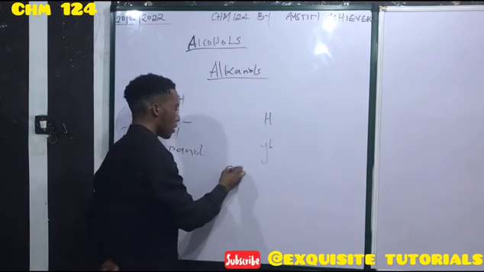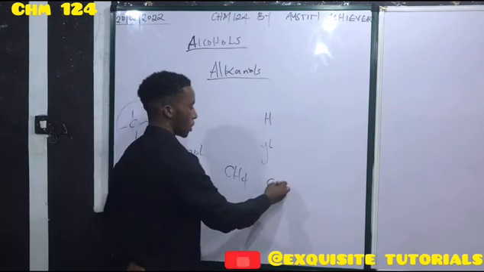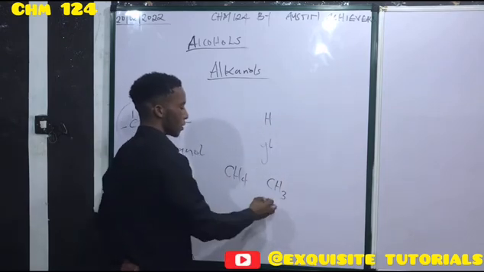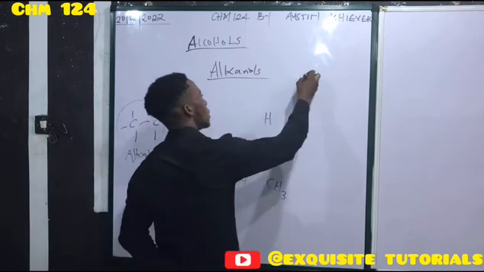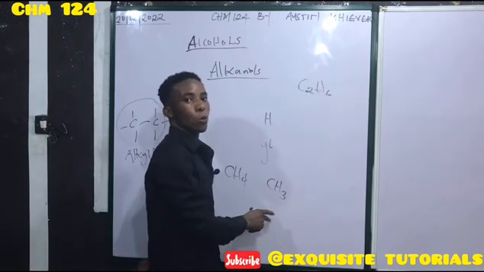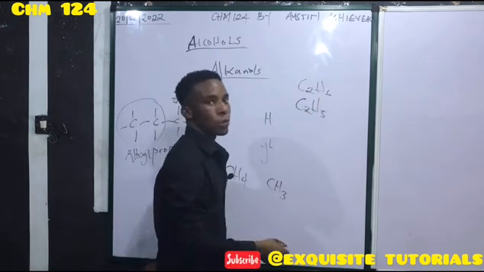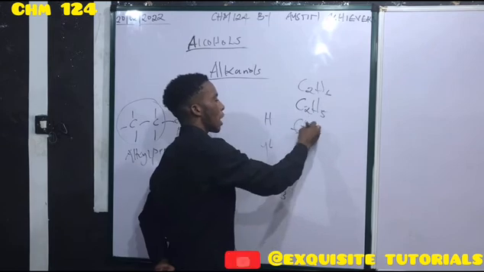For example, when CH4 loses one hydrogen, it becomes CH3. What is this? This is methyl. When C2H6 loses one hydrogen, we get C2H5. What is this? We call it ethyl.